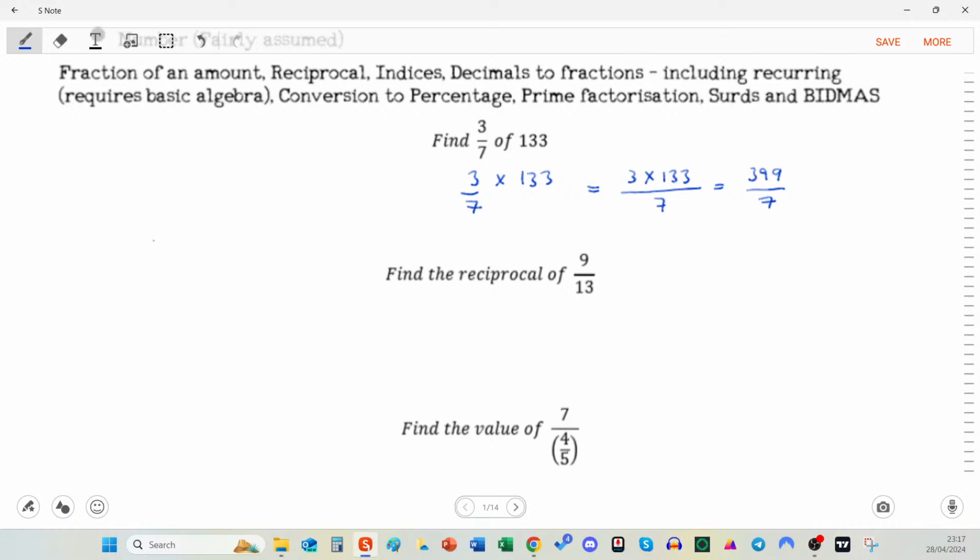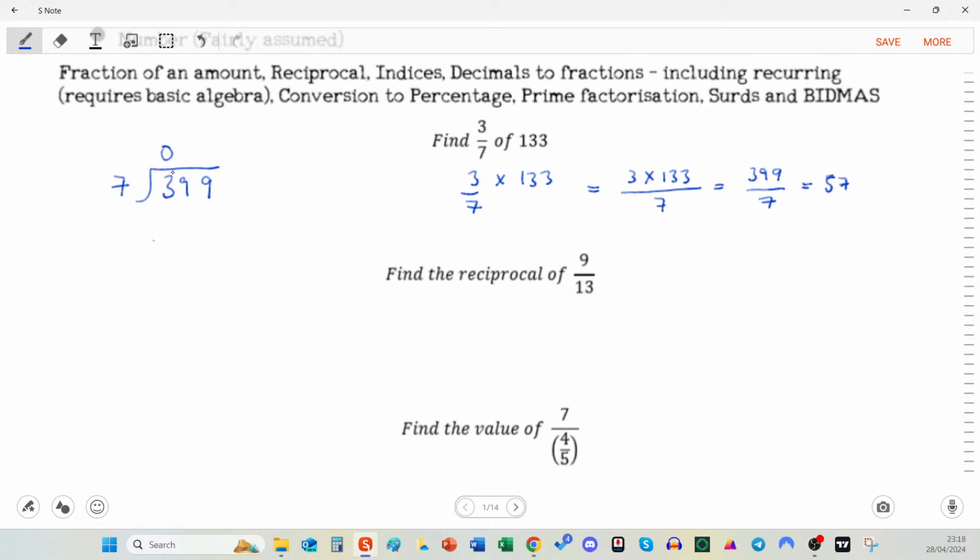And if you want to divide by 7, there's a number of ways of doing that with or without a calculator. If you do have a calculator, you'll know it straight away. If you don't, and you need to use methods, you're going to do 399 divided by 7. Bus stop method, some people call this. Long division. 7 into 3 doesn't go at all.